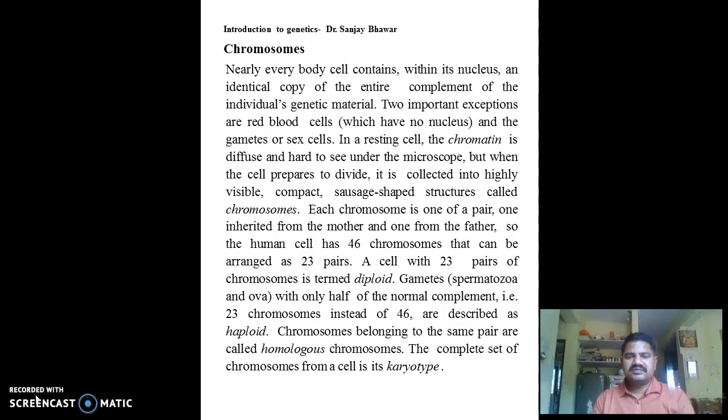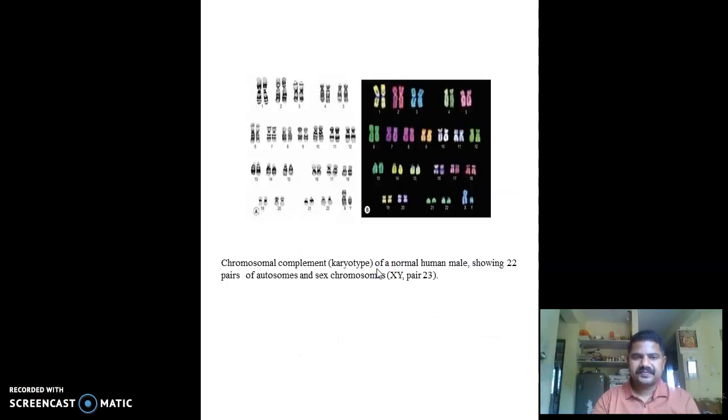Now the chromosomes which belong to the same pair are called homologous chromosomes, and the complete set of chromosomes from a cell is its karyotype. Here in this picture you can see the pairs of chromosomes.